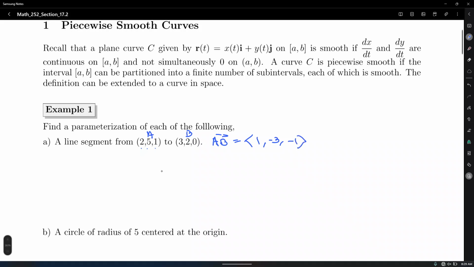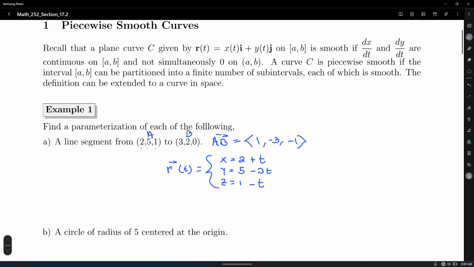So the parametric equations are going to be given by r of t equals x, y, z equals the coordinates of the initial point, that is 2, 5, 1, plus 1t, which is t, minus 3t, and negative 1t, minus t.